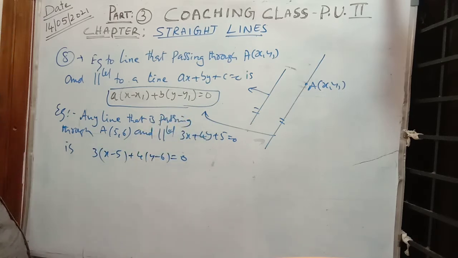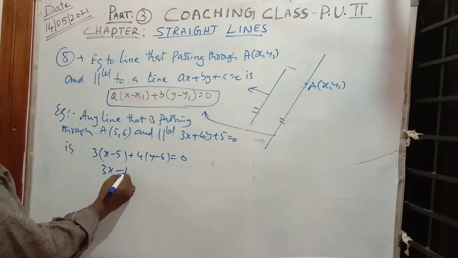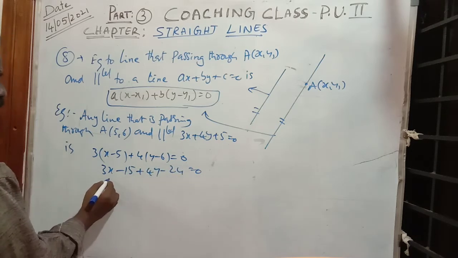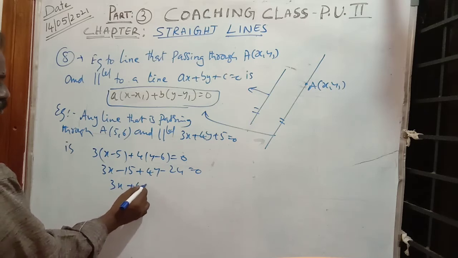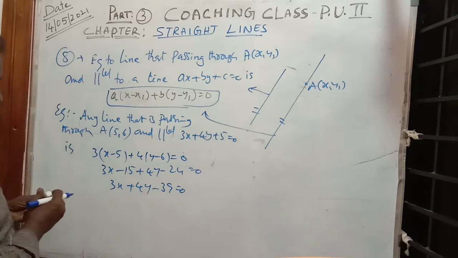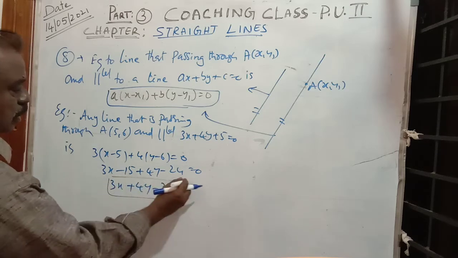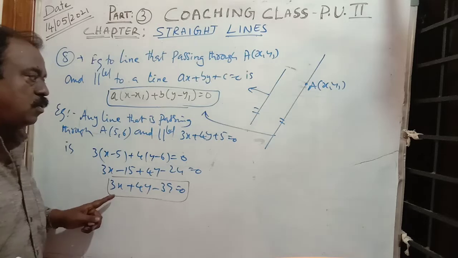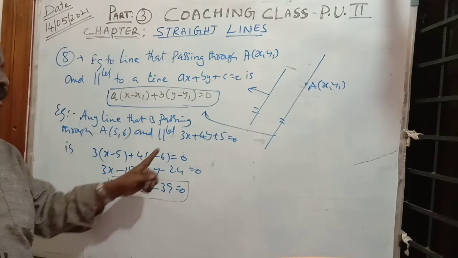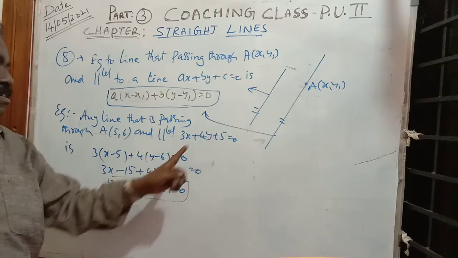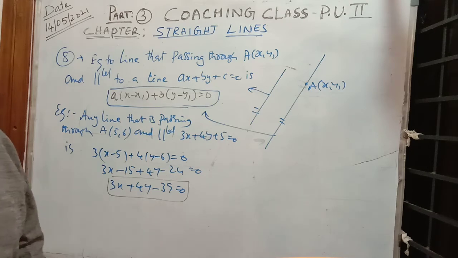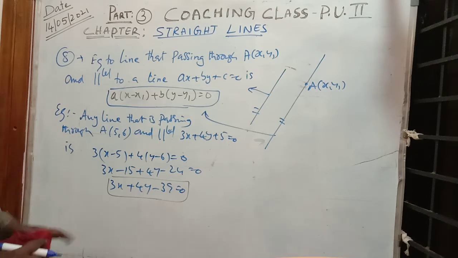So this is 3x minus 15 plus 4y minus 24 equal to 0. That is 3x + 4y minus 39 = 0. So this is the required line, which is parallel to the given line, because the coefficients of x and y are the same. Only the constants are different. The example is over.